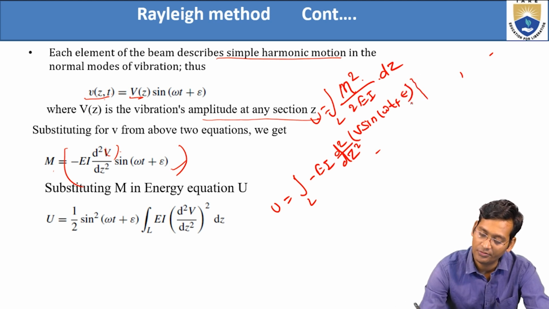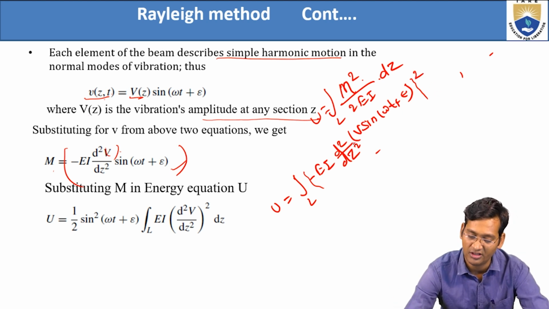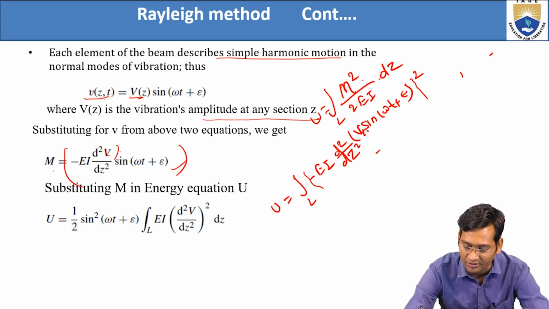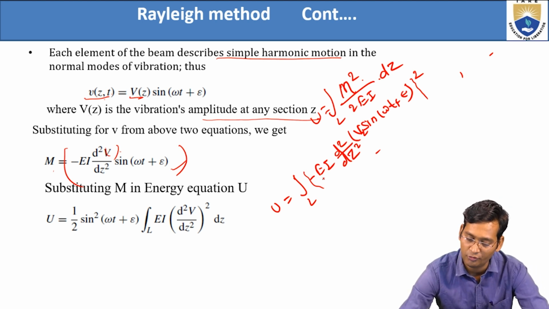This whole square. Whatever is variable we will keep there, and we know this is V of z that we have taken. Now see what we can remove from here.